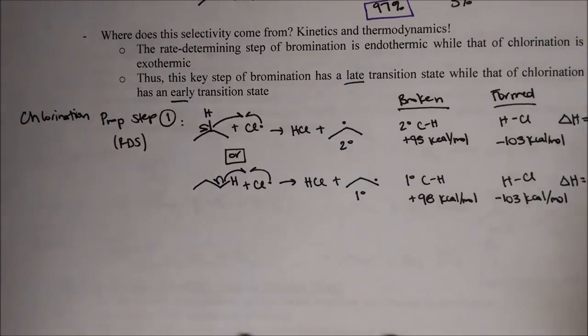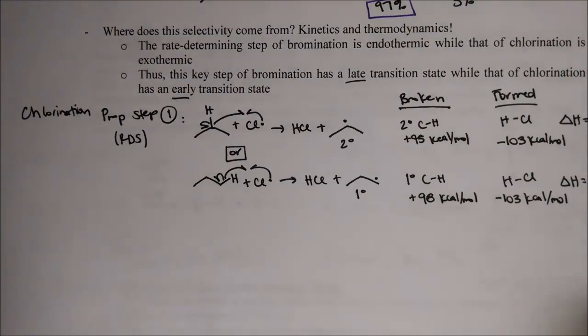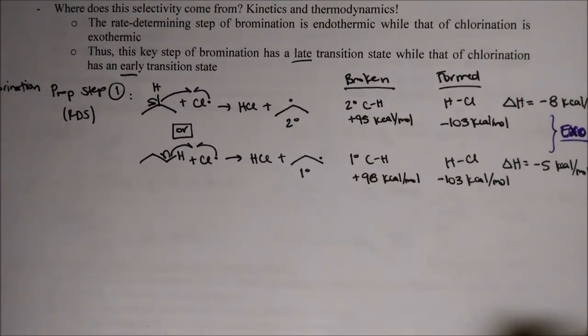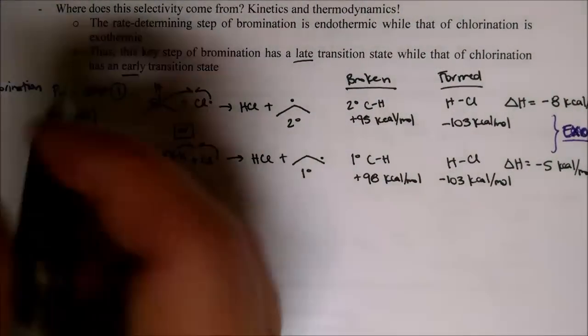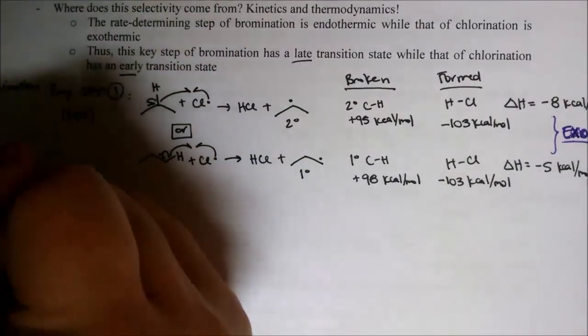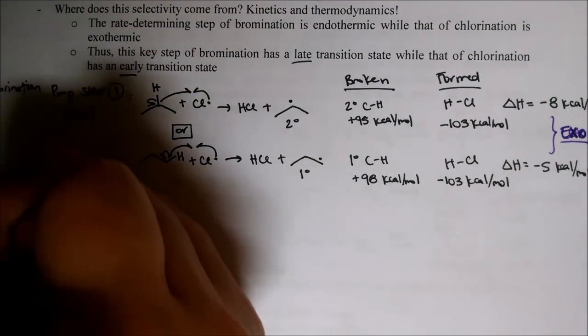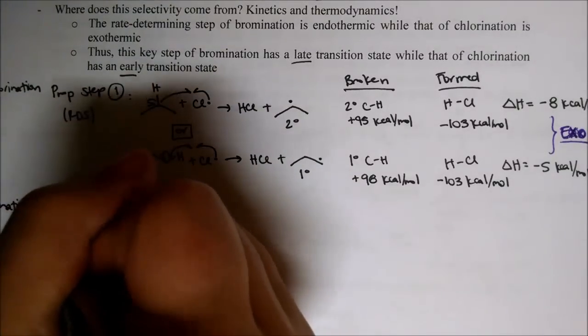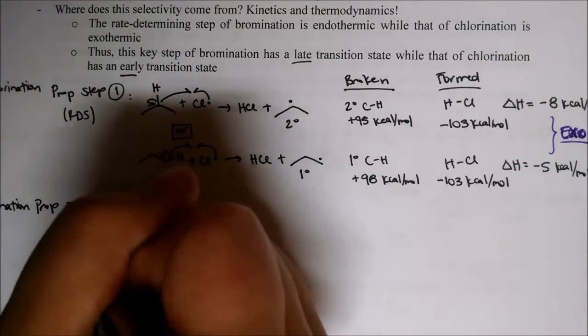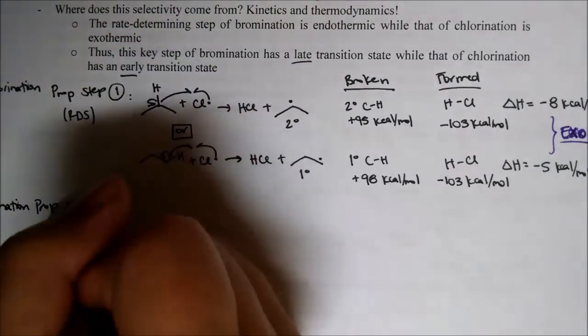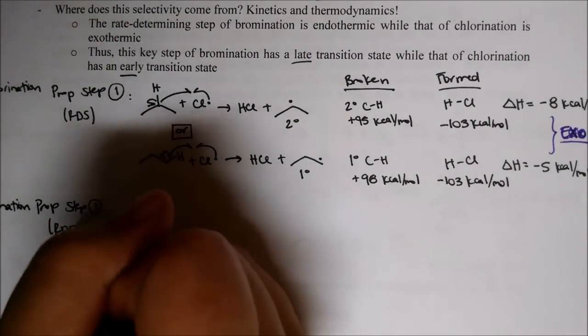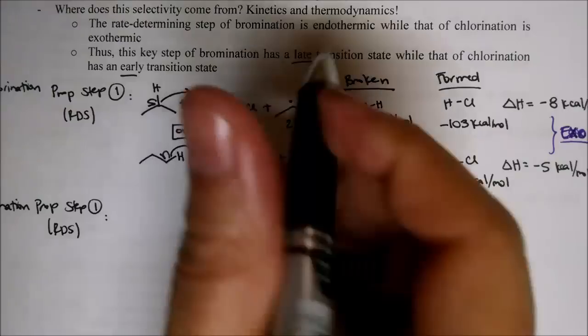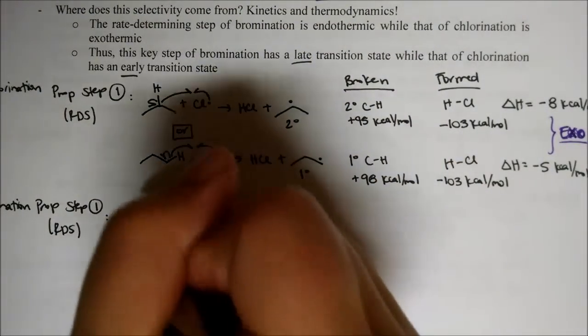They're both exothermic. So what about bromination? Let's compare those energies. Bromination, prop step 1. Again, that's still the rate determining step. Let's show it.